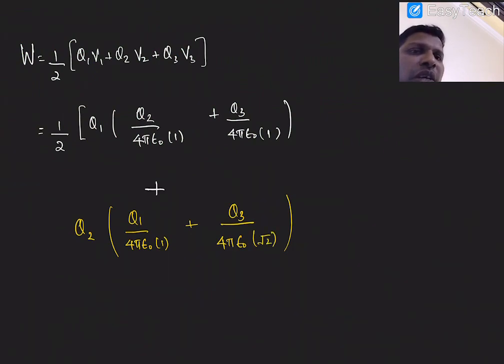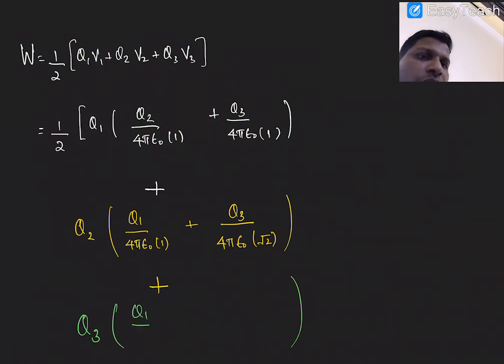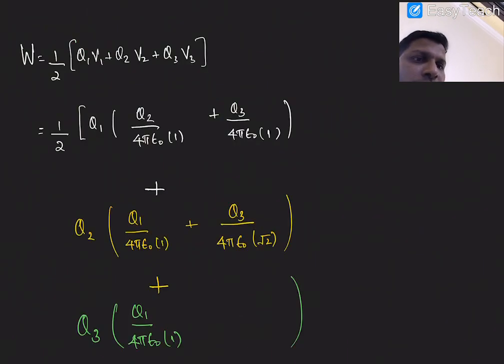Then plus the last one is Q3 into V3. V3 is equal to Q1 by 4 pi epsilon 0 into 1 plus Q2 by 4 pi epsilon 0 into root 2.